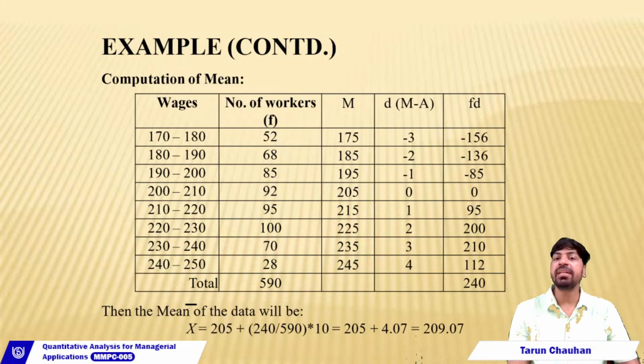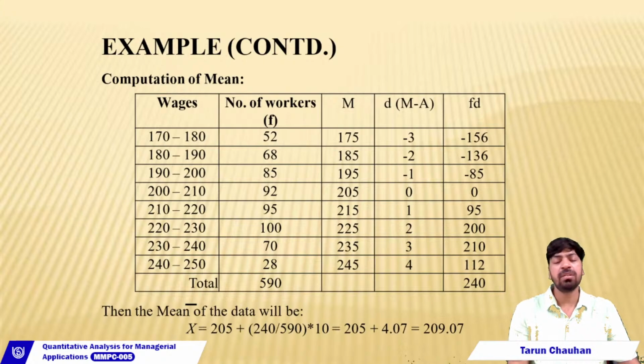How to calculate the deviation? The formula is given on the screen, that is midpoint minus assumed value. What is the assumed value? From the midpoints, you have to choose the central value, which is called the assumed value. You can choose 205 or you can choose 215.